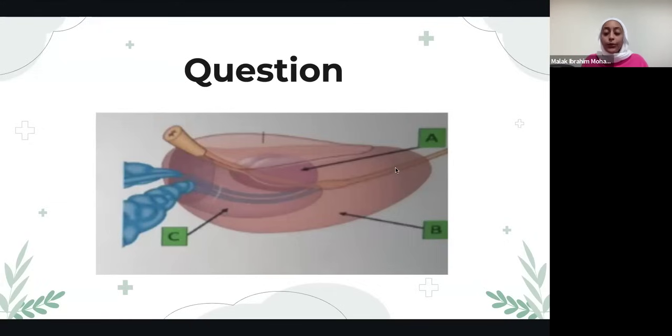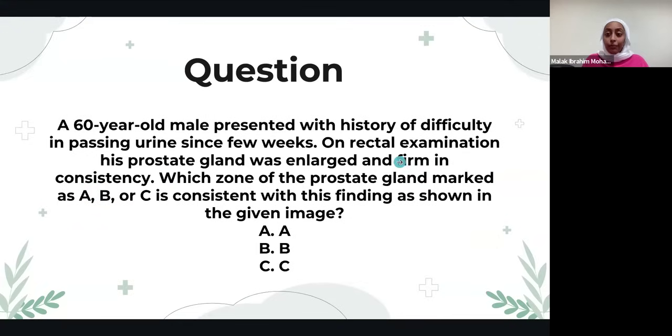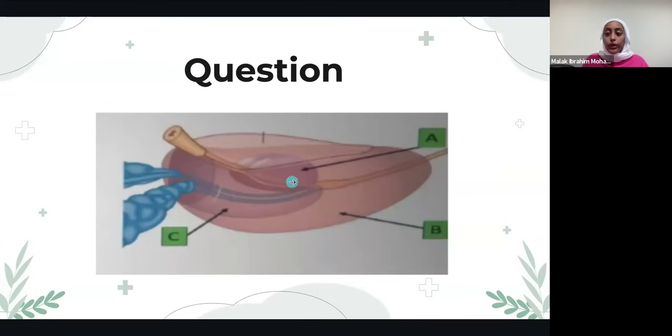And we said the transitional zone is the most common area of benign prostatic hyperplasia. And the question said it's firm, and we said firm is benign prostatic hyperplasia. So benign prostatic hyperplasia is most commonly in the transitional zone, and the transitional zone surrounds the urethra. We said which zone surrounds the ejaculatory duct? It was the central zone. And this one is the peripheral zone, for the person that asked. B is the peripheral zone.